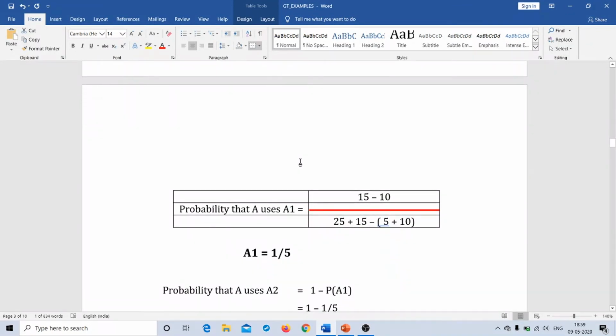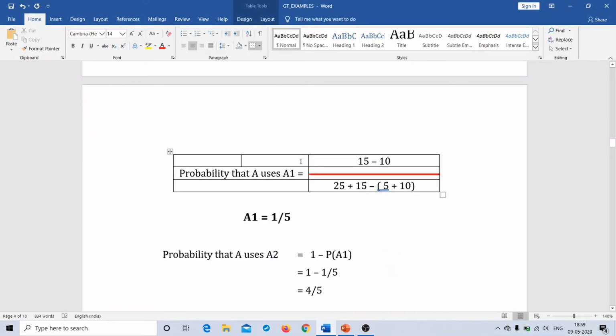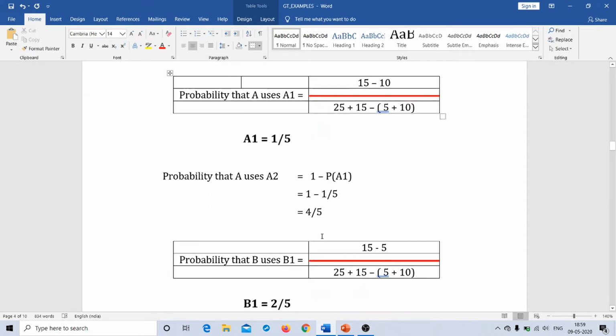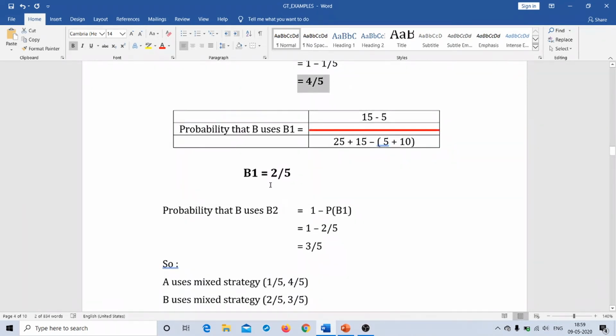And then I get the value of A1 as 1 by 5, and the value of A2 as 4 by 5 by substituting the values. And then I proceed for player B. If player B uses the B1 strategy, its value is 2 by 5, and the B2 strategy is 3 by 5.